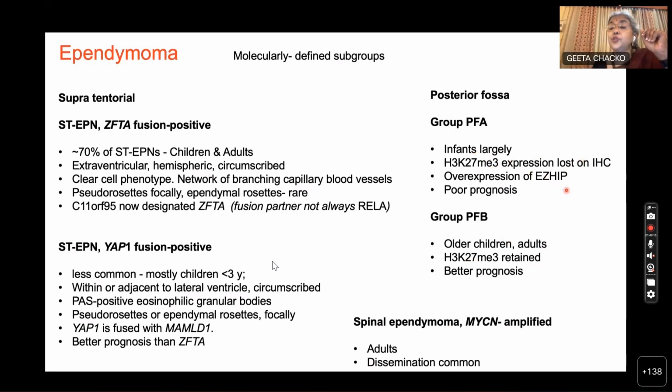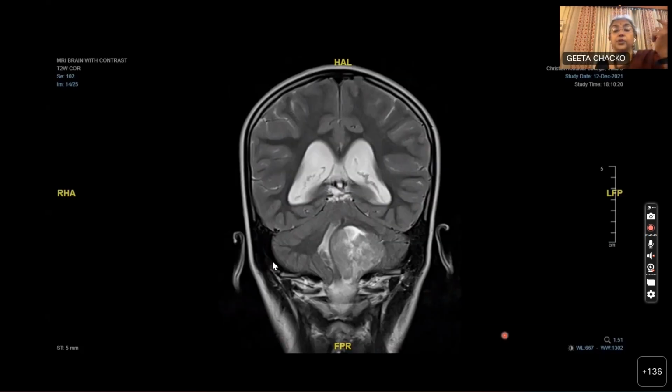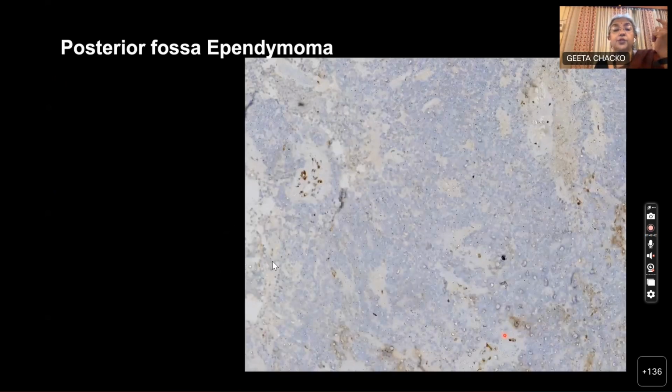So these tumors show EZHIP overexpression, and when they show retained expression of the trimethylation protein, then they are classified as group B tumors. In the spinal, remember that all three have subependymoma as one of their types. The spinal group has also got the regular and the myxopapillary, and in addition, the high-grade version is the MYCN amplified tumors.